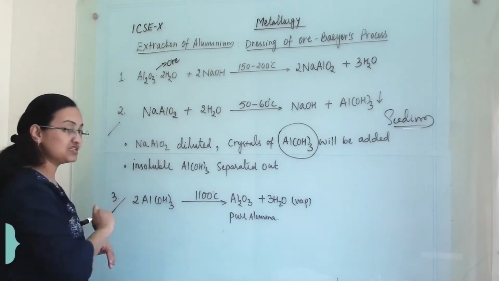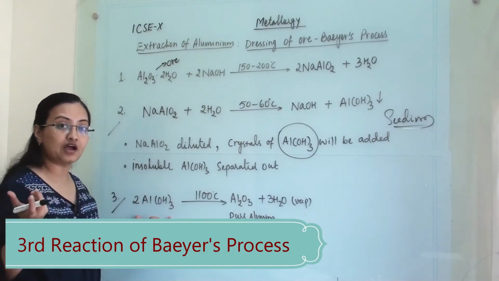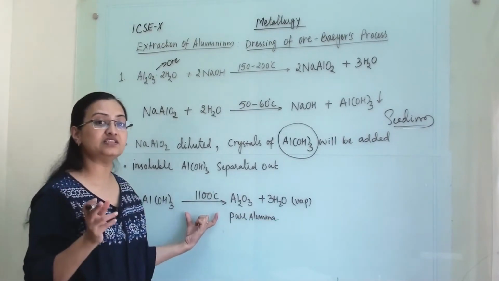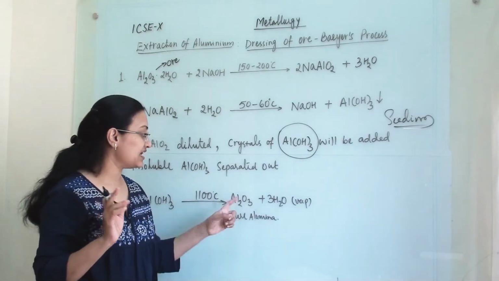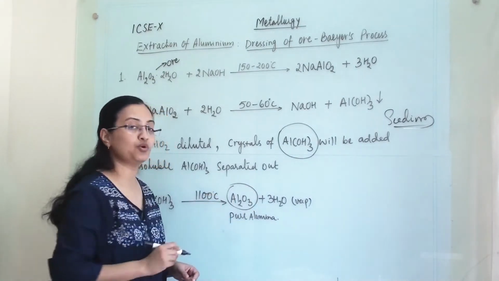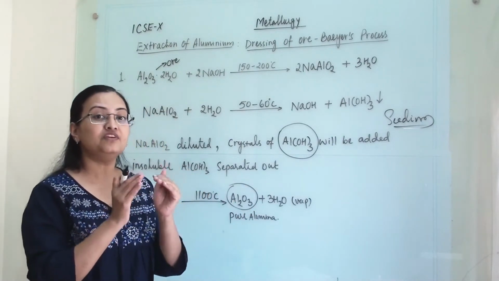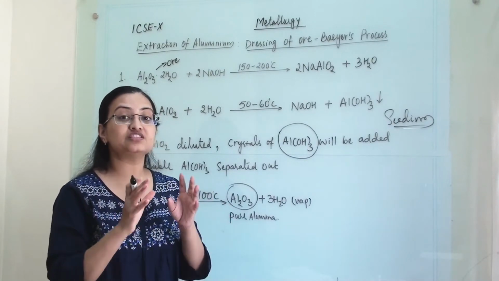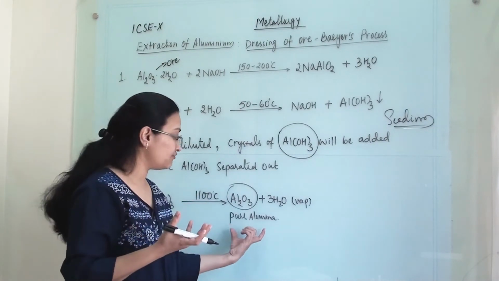Now moving towards the third step, in which we filter out those crystals of aluminium hydroxide and heat them at 1100 degrees Celsius. So we will get Al2O3. This is our pure alumina, and this is the first step in which we are separating all the earthen impurities from our main ore, in the form of oxide.